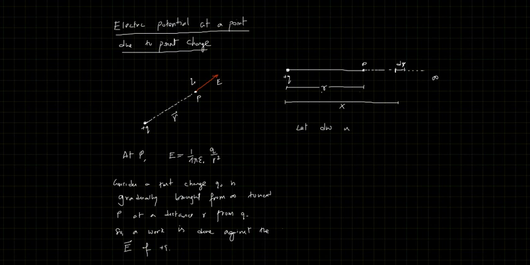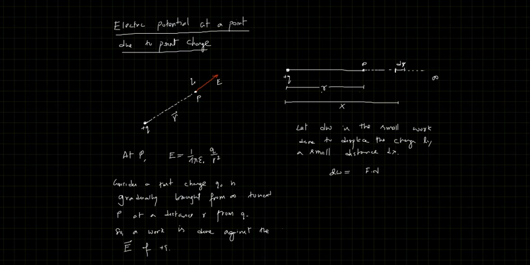Let dW be the small work done to displace the charge by a small distance dx. Then what do you think dW will be? Force into displacement, right? Force into displacement.